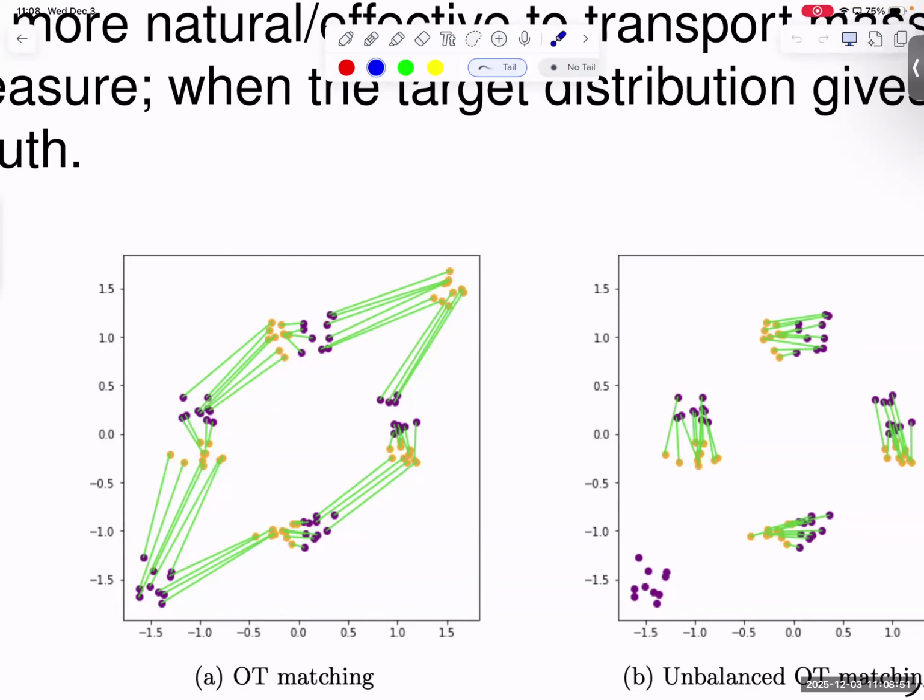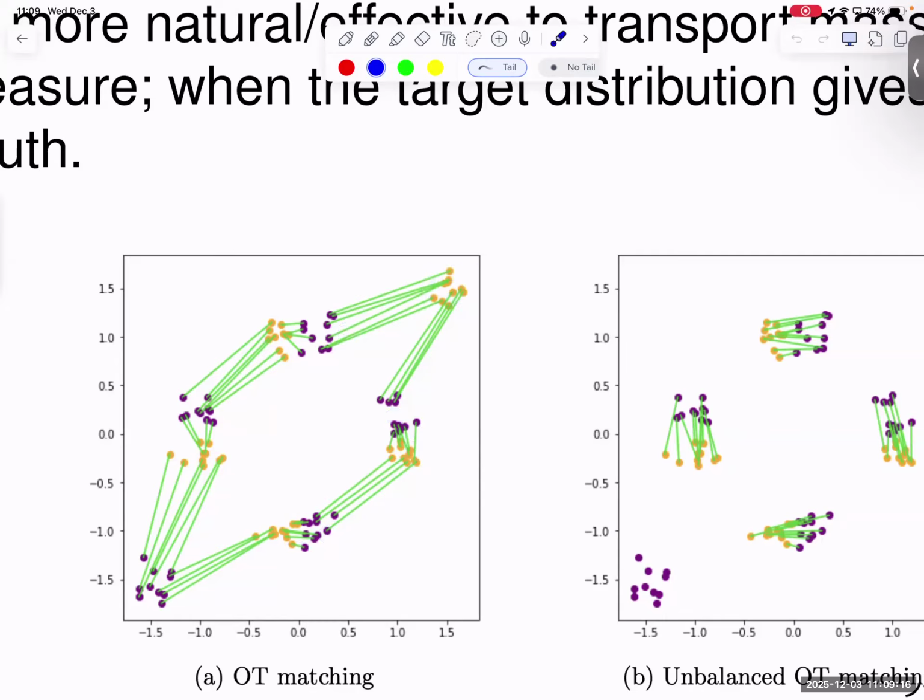Just assume that they have the same total mass, maybe the number of points is the same. But then here, if you do optimal transport, then these nearby ones are not matched, but this one is matched with this, and this one is matched with that, and this with that, and then this one is matched with this.